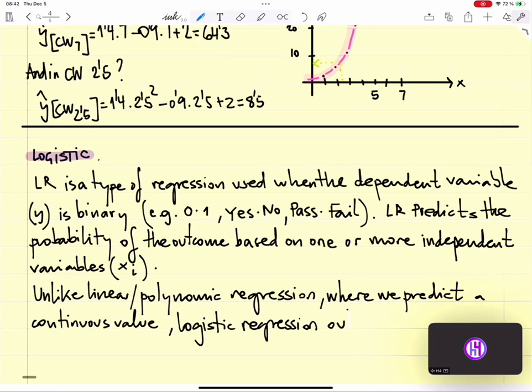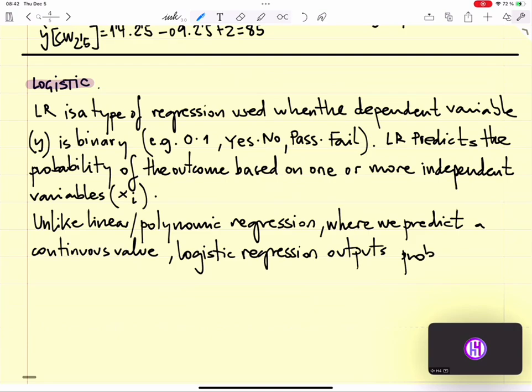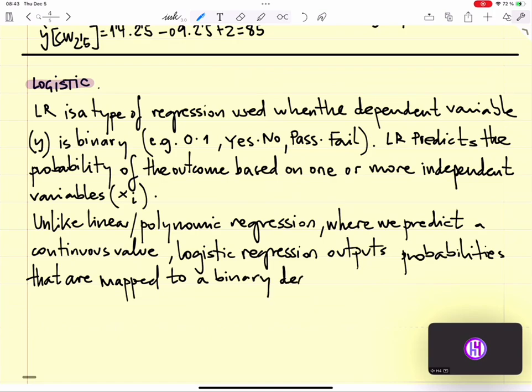Logistic regression outputs probabilities that are mapped to a binary decision using a threshold.